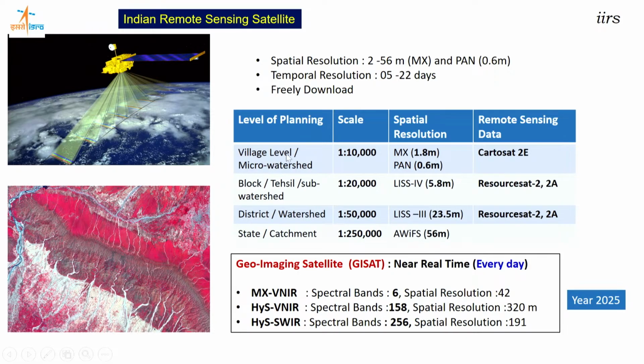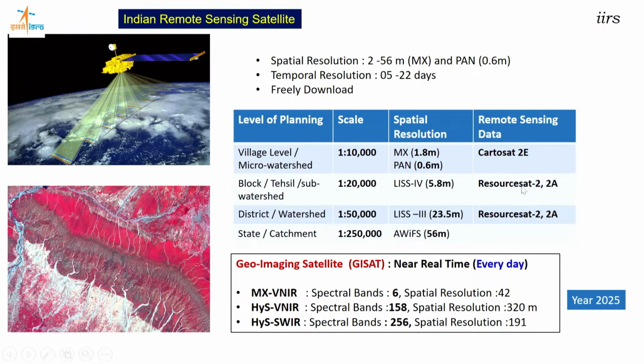For village level mapping or micro watershed, we use the 1:10,000 scale, and here we can use Cartosat remote sensing satellite data, which has a resolution of pan 0.6 meter or 1.8 meter. For the LISS-4 sensor at 5.8 meter, we can prepare a map at 1:20,000 scale, which is useful for block level mapping, tehsil or sub watershed.